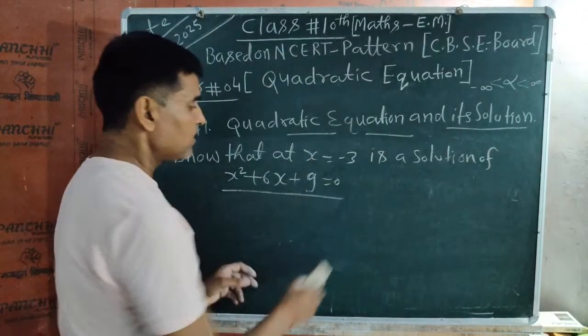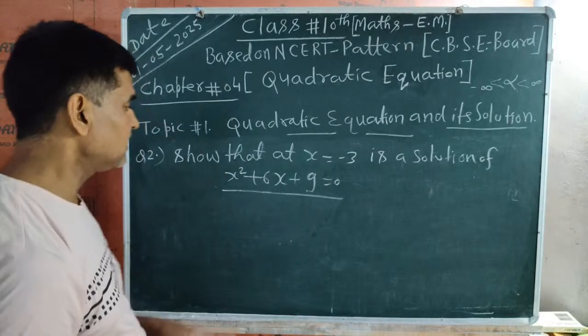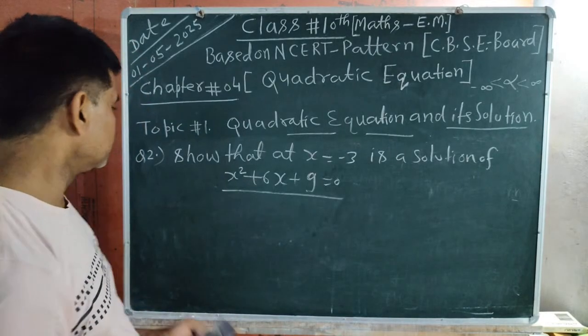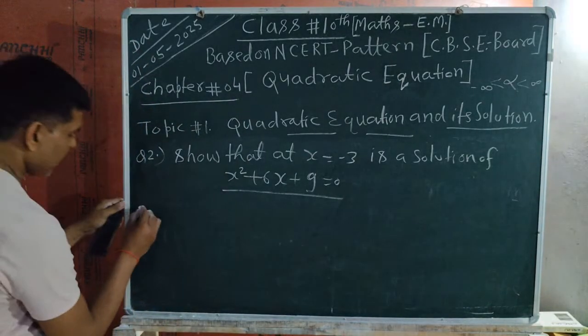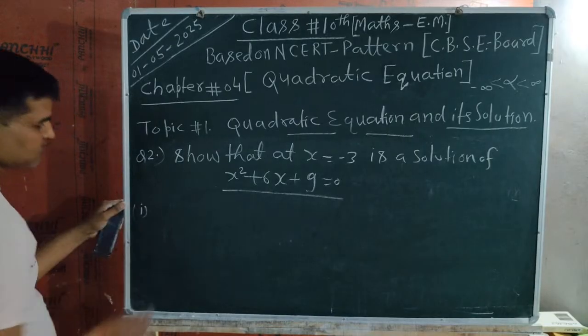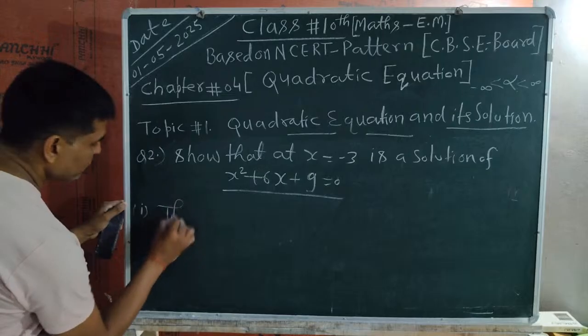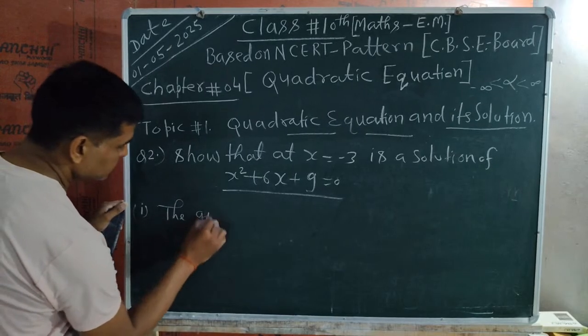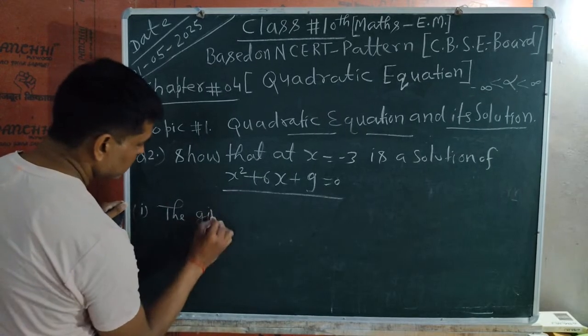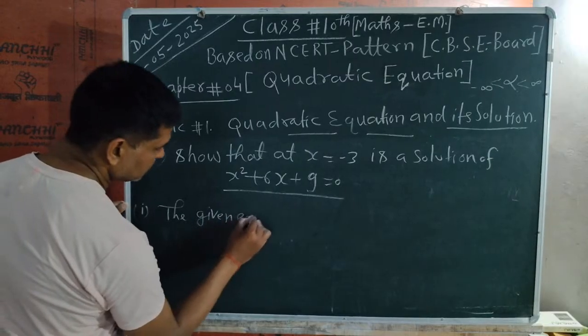Okay, students, now you concentrate here. I am going to take its solution. Okay, student. Now I am going to apply the first step. Here I will write the given equation.